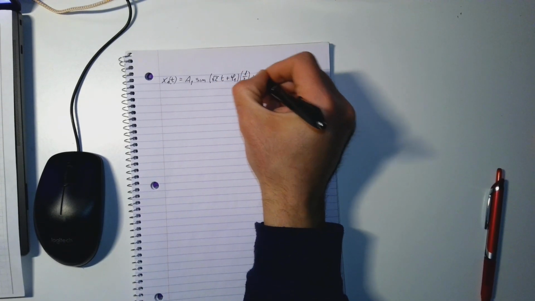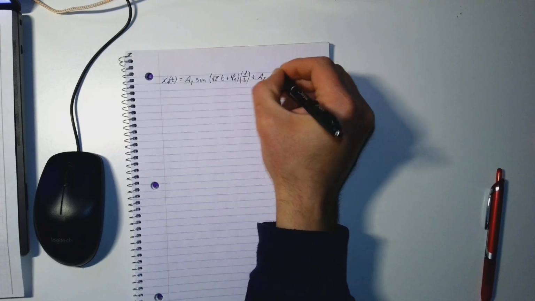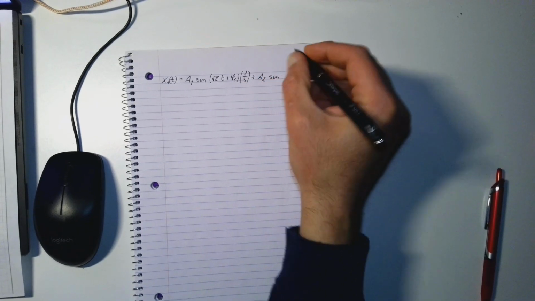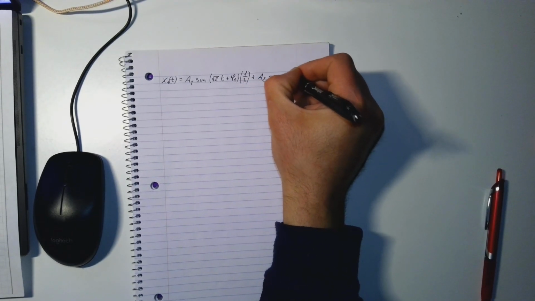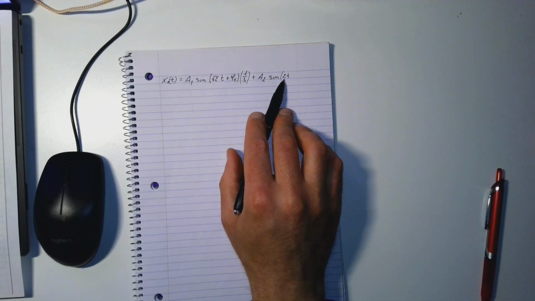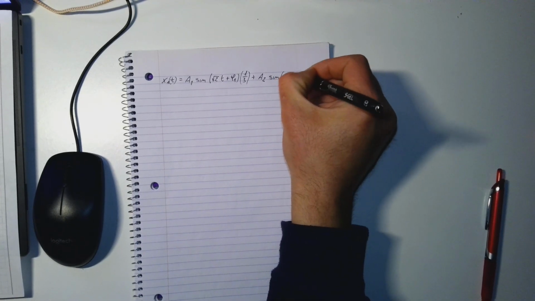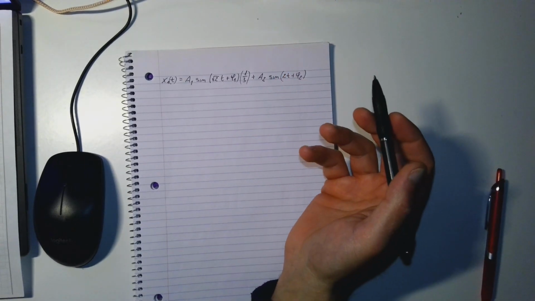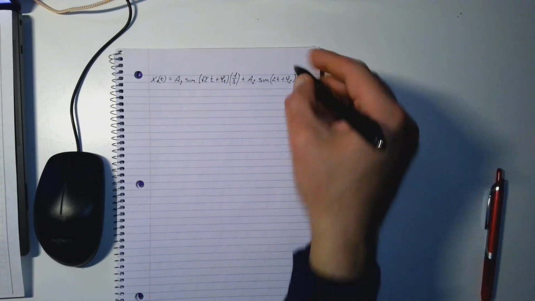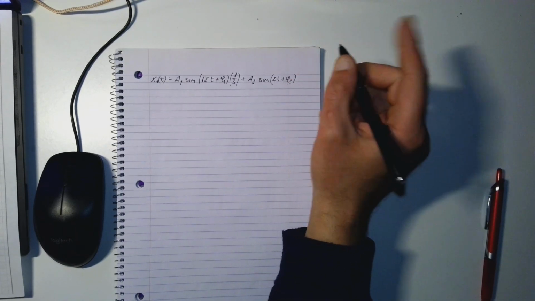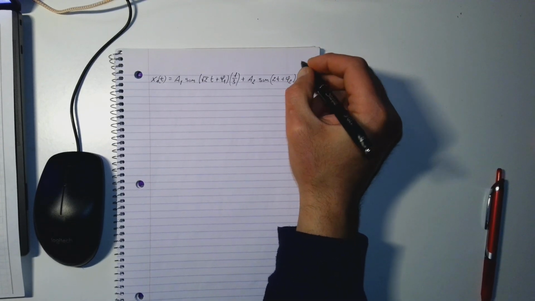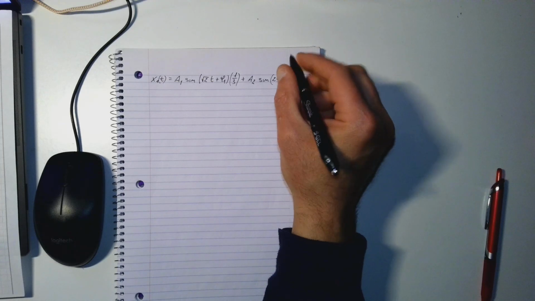And then plus a2 sine of 2t. Remember, the second natural frequency was 2, so we can plug 2 here, plus phi2. Phi2 is still unknown, and then we multiply by the first component of the second vector, which was negative 1 over 3, I think, yes.